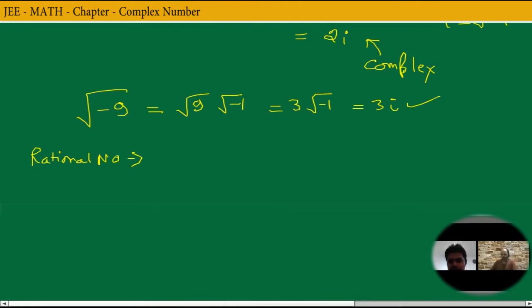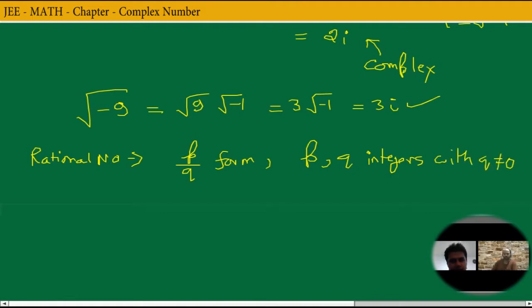A rational number involves fractions and is non-recurring. Okay, I will tell you: a rational number is a number of the form P over Q, where P and Q are integers with Q not equal to 0. This is the standard form of a rational number. Similarly, a complex number has a standard form. It's a plus ib.